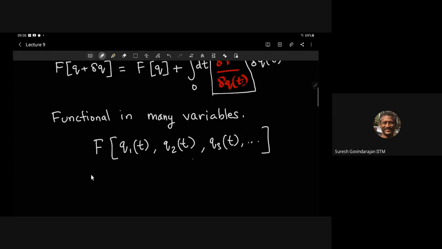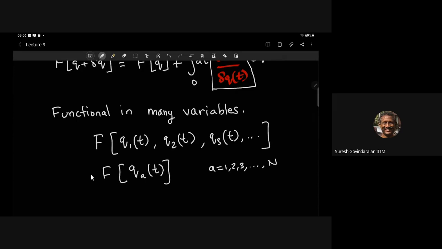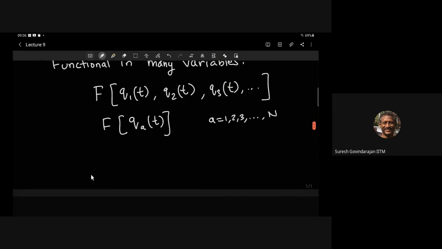So I'll write it in short as f of some index qa of t. So a can go from 1 to 3 up to whatever degrees of freedom that we have. So let's say it has n of them. So this is still, it has independent functions, but now qa at 0 and qa at t are fixed.